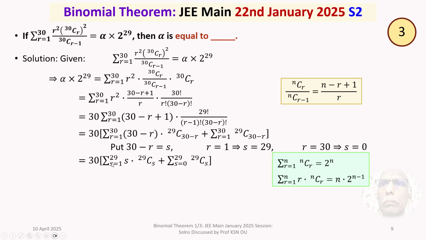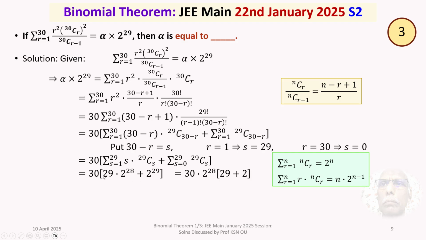For the first one, sigma s equals 1 to 29 of s into 29Cs, use the second result. That is 29 into 2 to the power of 28, 30 times, plus the sum of all the binomial coefficients, which is 2 to the power of 29.